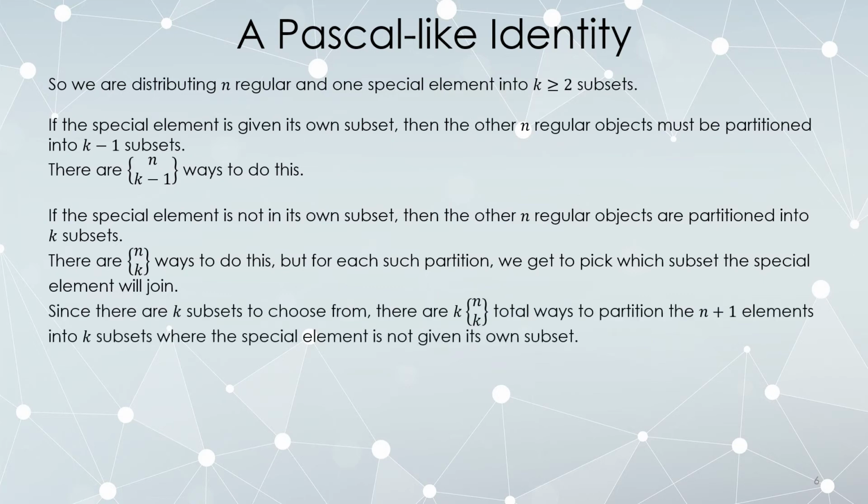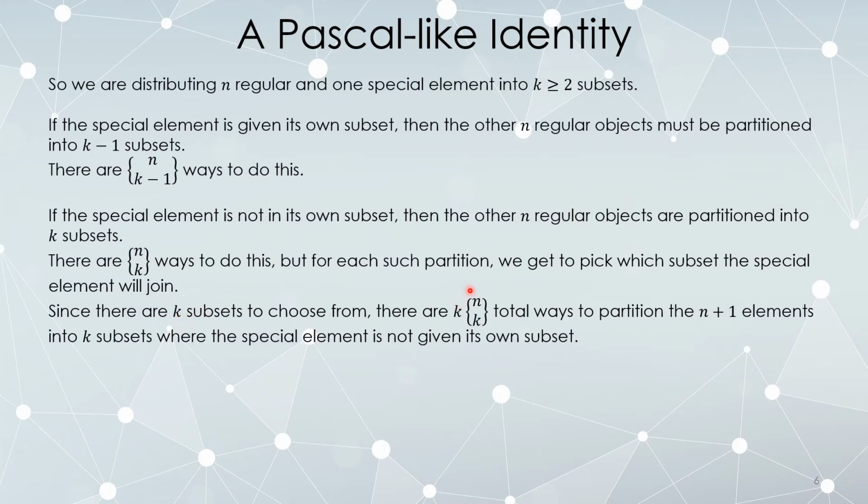So since there are k subsets to choose from, however I partition those n remaining elements into k non-empty subsets, I get to pick which one of them gets the special element. So that's a two-step process. First, distribute the n elements into k non-empty subsets, and there's this Stirling number of the second kind quantity ways to do that. Then pick which subset gets the special element. Well, there were k subsets, so pick one of them. There are k ways to do that.